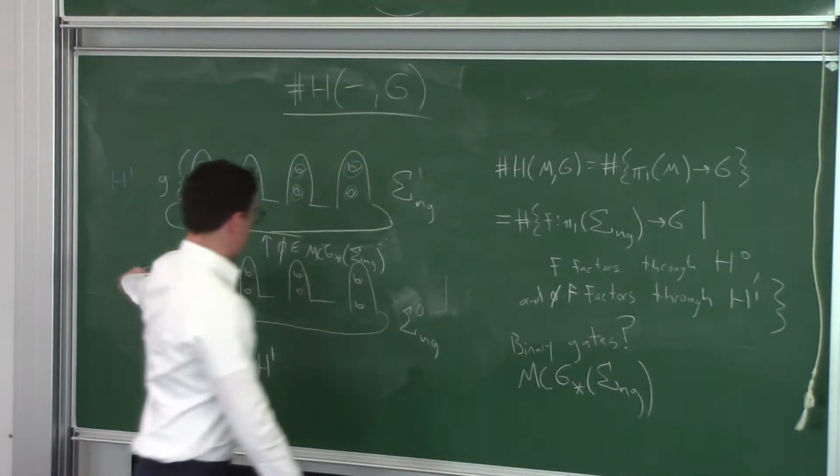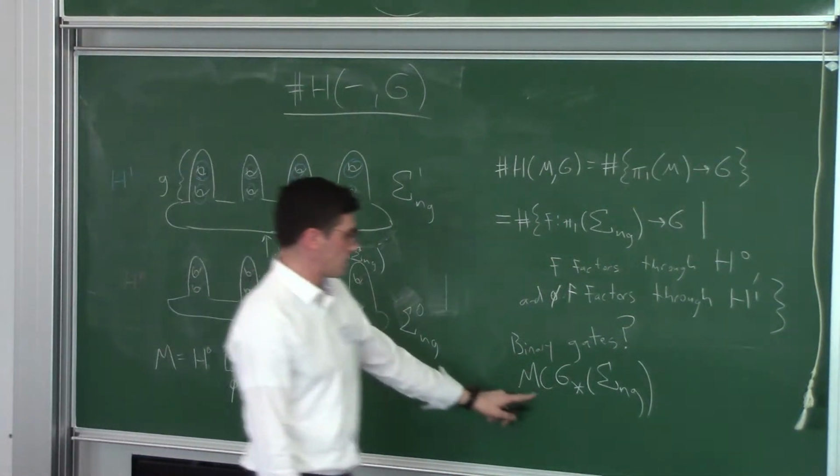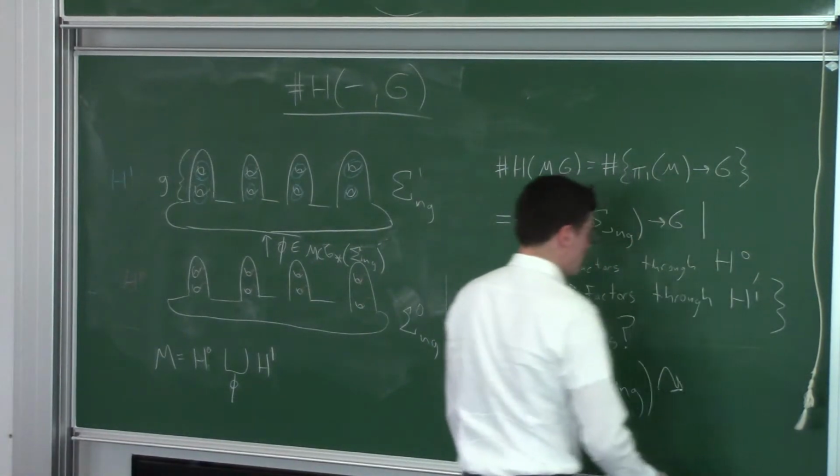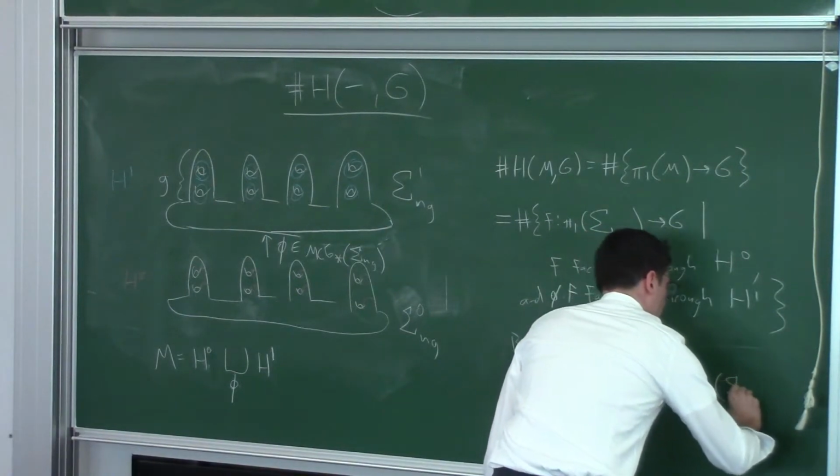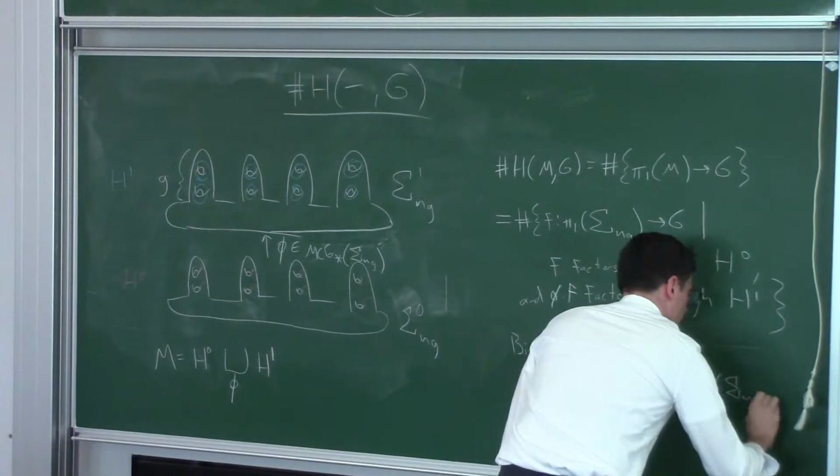We have this big surface, sigma and G, and the mapping class group of that acts on the set of representations from pi1 of it to G.